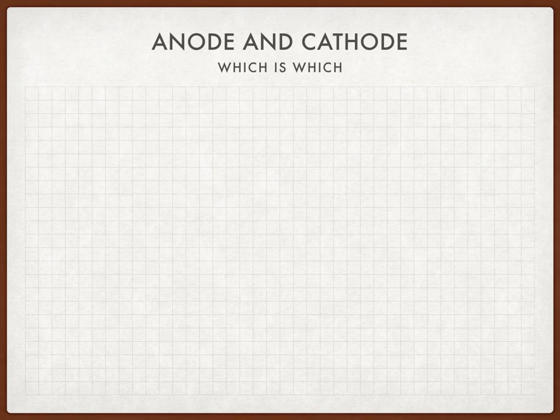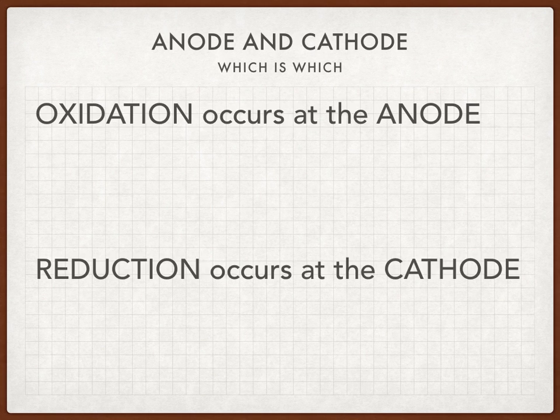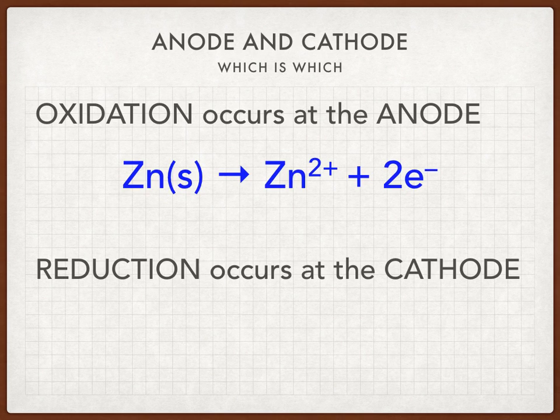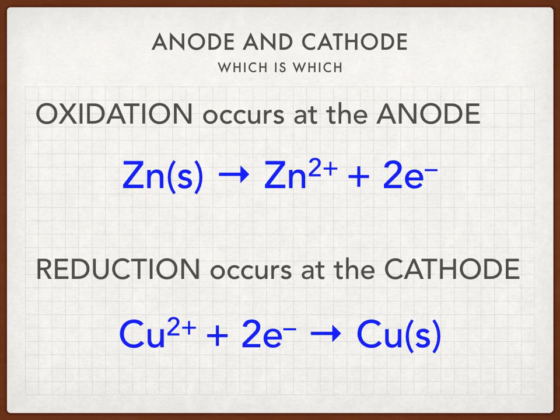Using the previous calculations, we can determine which is the anode and which is the cathode. The oxidation reaction always occurs at the anode, and the reduction reaction always occurs at the cathode. Thus, the zinc electrode is the anode, and the copper electrode is the cathode.